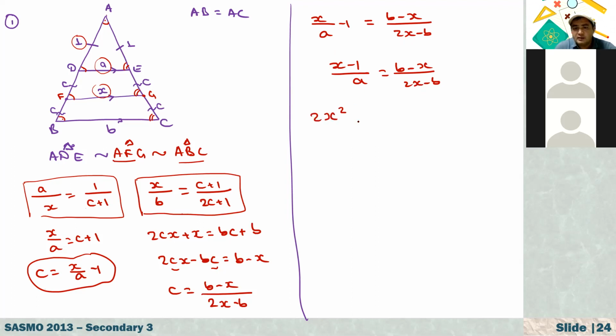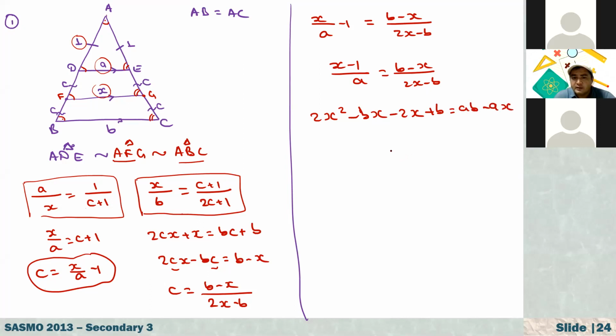X times minus B, it is minus BX, right? And the X times 2X, X times minus B, minus 1 times 2X, minus 2X, minus 1 times minus B, plus B. On the right hand side, A times B, AB minus AX, right?